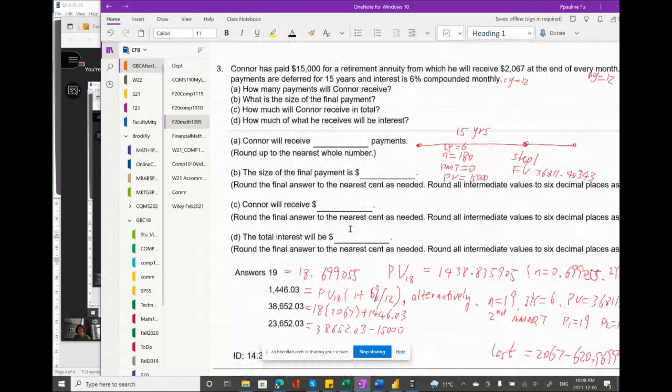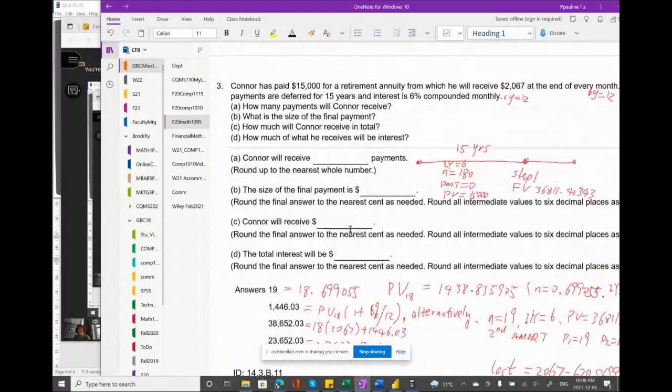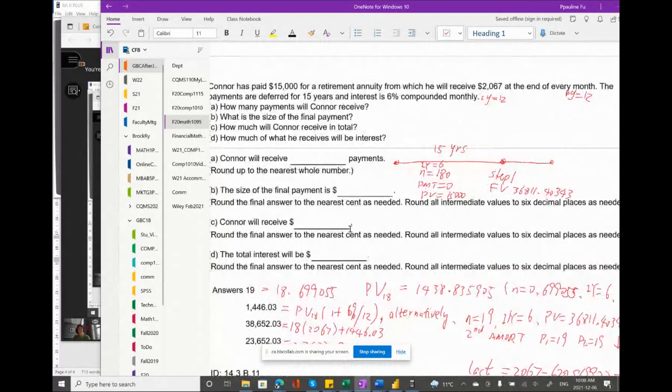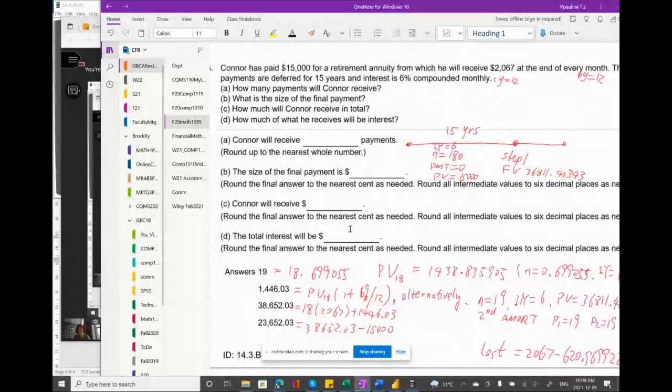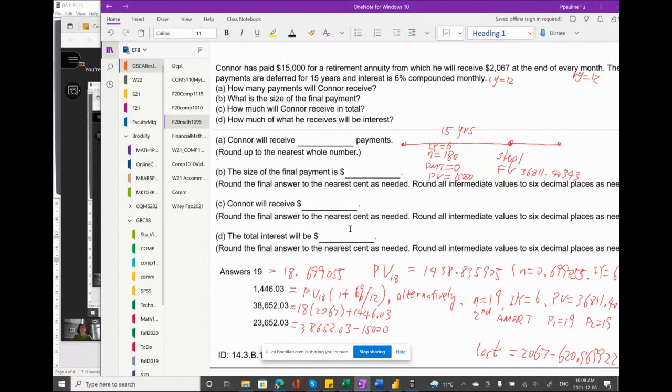So now another question from chapter 14. Connor paid $15,000 for a retirement annuity, from which he will receive $2,067 at the end of every month.